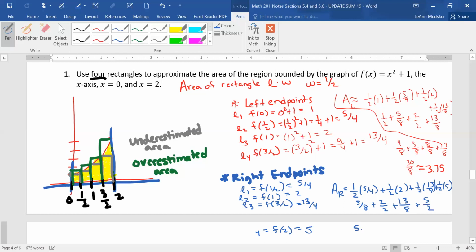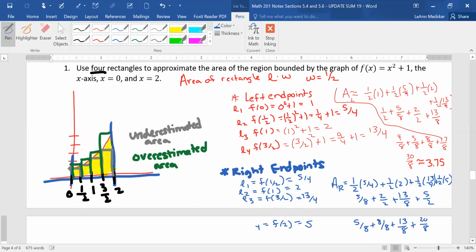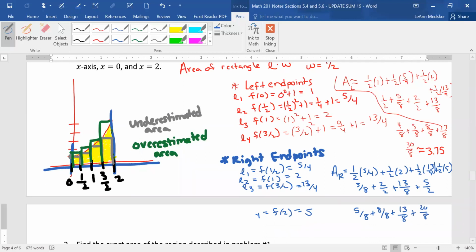Get a common denominator of 8 for each of them, which means we just need to adjust them again. So this will be times 4, so that's 20 over 8. So this time we have 25 plus 8 plus 13, which comes out to 46 over 8. And I don't even care about reducing that because I'm going to immediately divide it to get a decimal approximation. So about 5.75.